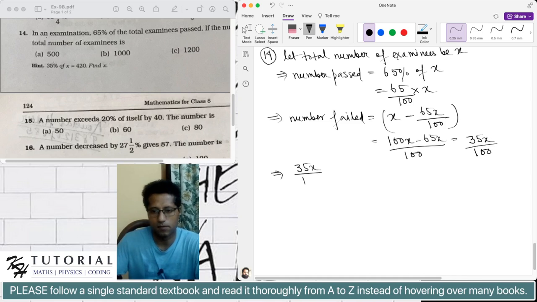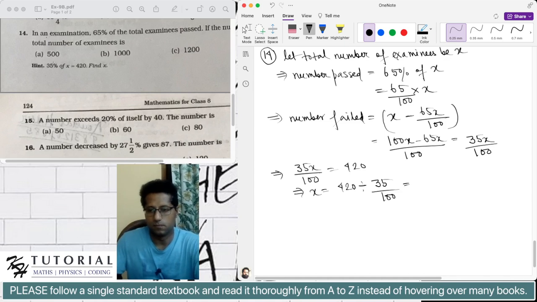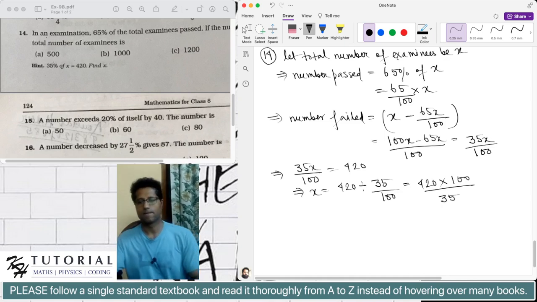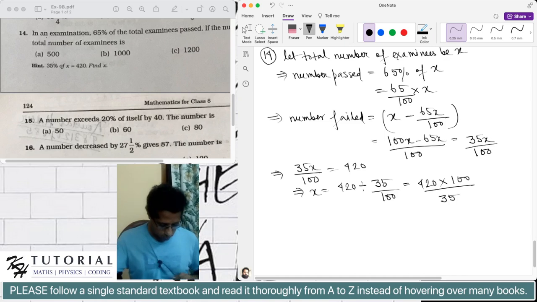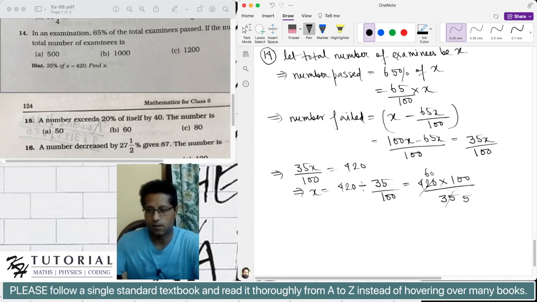Now it is also given that the number of failures is 420, so this implies that 35x by 100 is equal to 420. So x is equal to 420 divided by 35 by 100, which is equal to 420 multiplied by 100 divided by 35. 7 divides 35 with 5, 7 divides 420 with 60, and 5 divides 60 with 12.